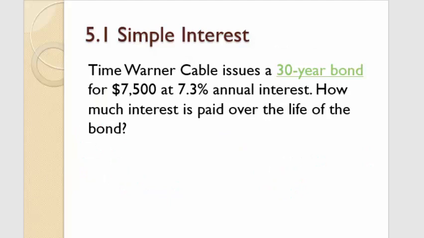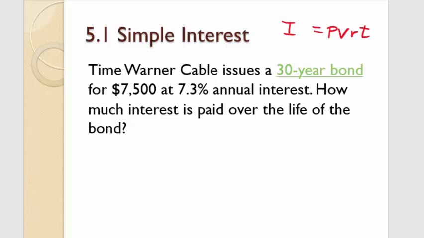Let's look at simple interest on an investment. Simple interest is paid on bonds. So if you take a bond out for $7,500 over 30 years, you will receive payments each year of 7.3%. So the question says how much interest is paid over the life of the bond. Well, again, we're going to use I equals PVRT.